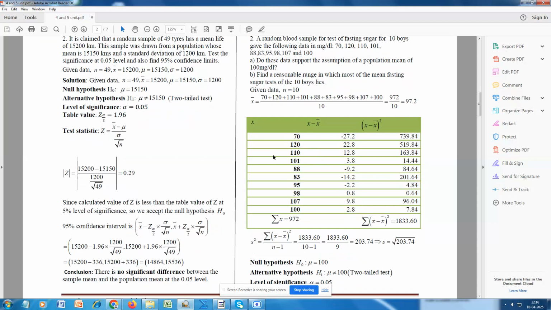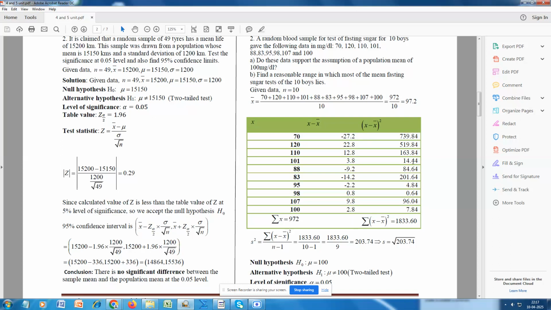Now, given x is 70, 120, and now x minus x bar. Already we found that x bar is 97.2. Simply 70 minus 97.2, which is minus 27.2. 120 minus 97.2, 22.8.